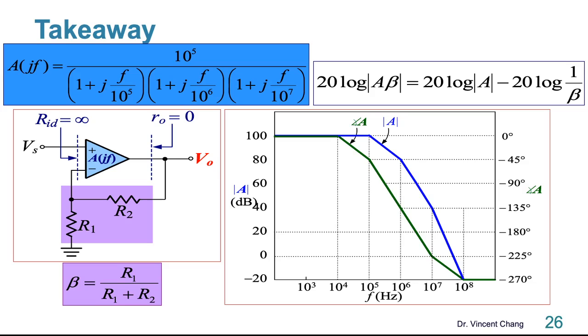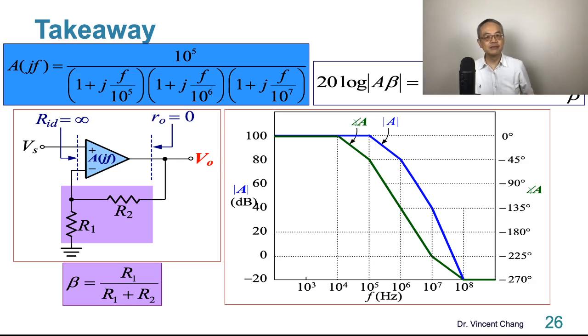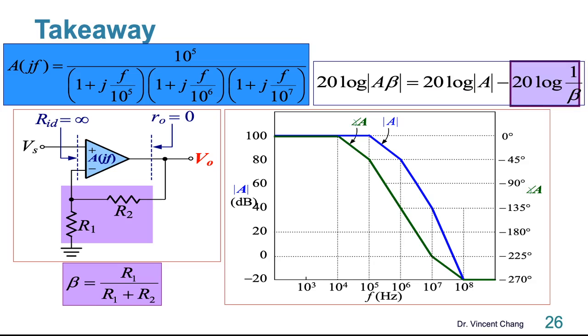Middle school math. It relies on the conversion from A to A beta. I think you got it, right? So the conversion is 20 log 1 over beta. You just put the beta into 20 log 1 over beta, and you just draw a horizontal line.